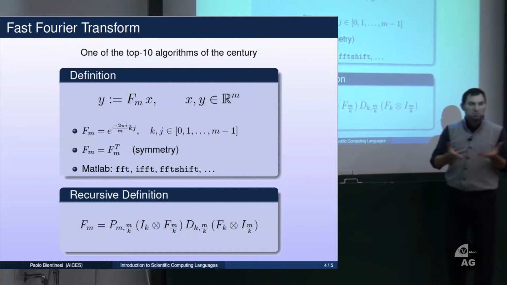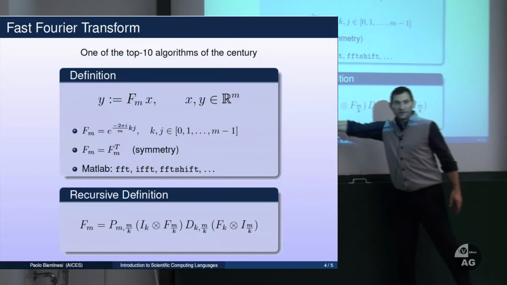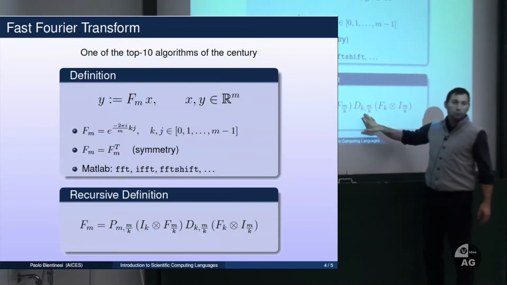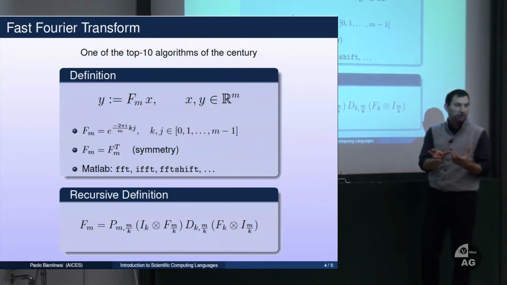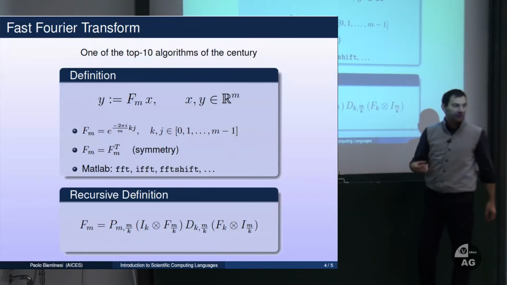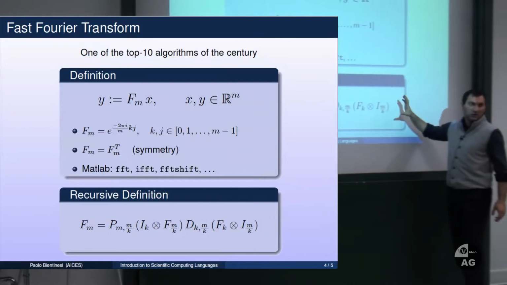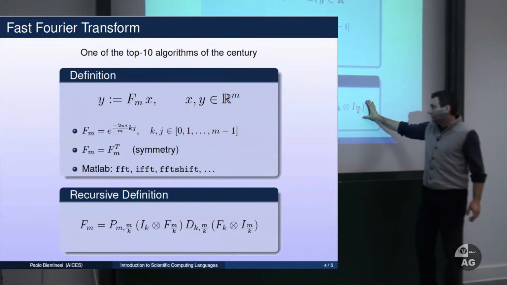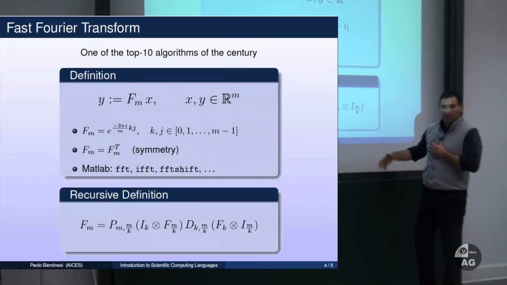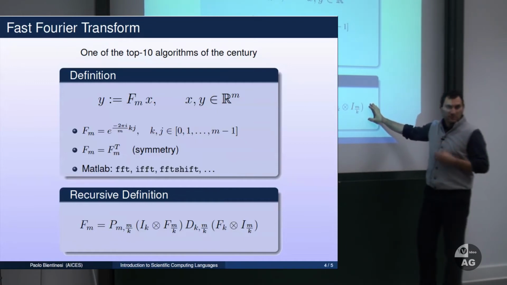So basically I'm splitting the size of this matrix as a product of 2 smaller integers. Of course, you can immediately say, what happens if m is a prime number? Well, guess what? You cannot apply this rule. So for the sake of your assignment, you will not use prime numbers, okay?